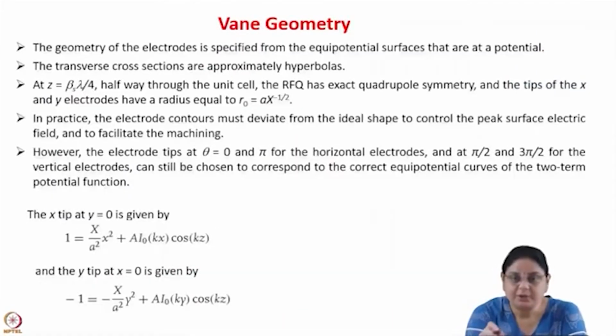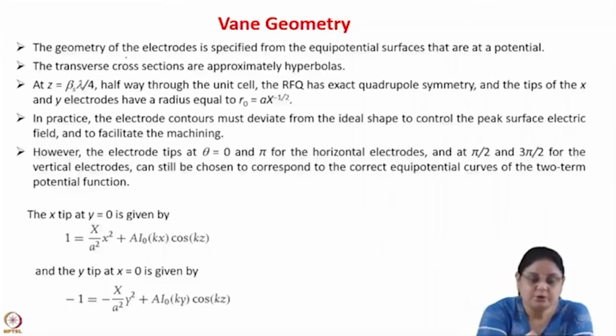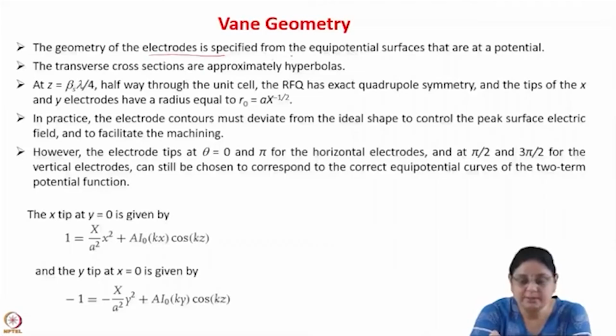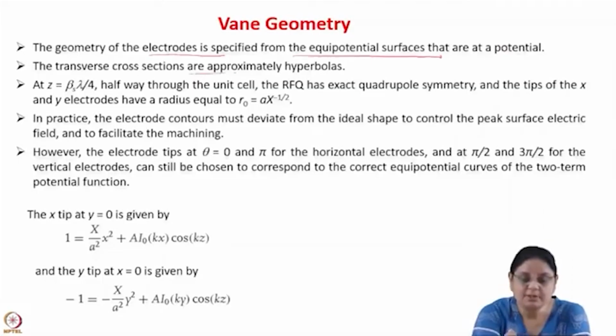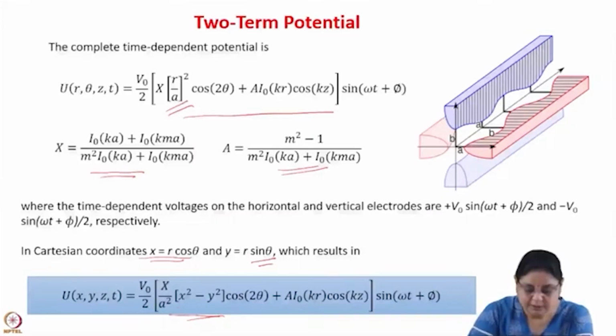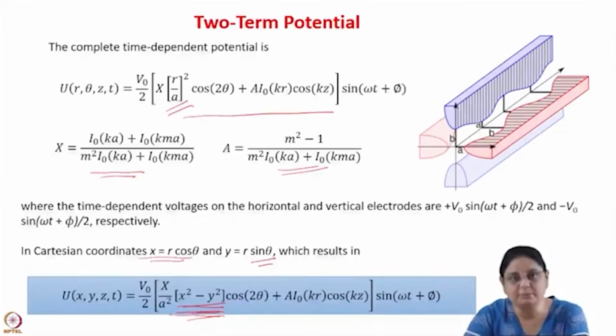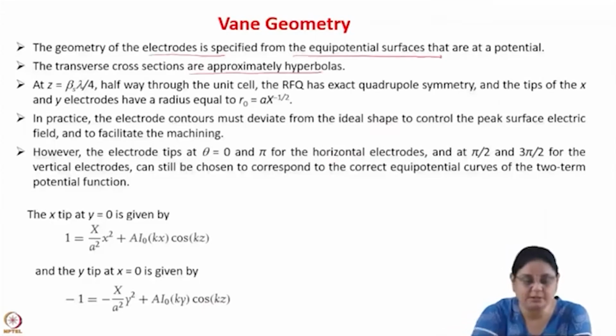Now vane geometry. How is the vane modulated in the Z direction? The geometry of the electrodes is specified from the equipotential surfaces. The transverse cross sections are approximately hyperbola, and you can always approximate it in order to reduce the peak surface fields and for ease of fabrication.